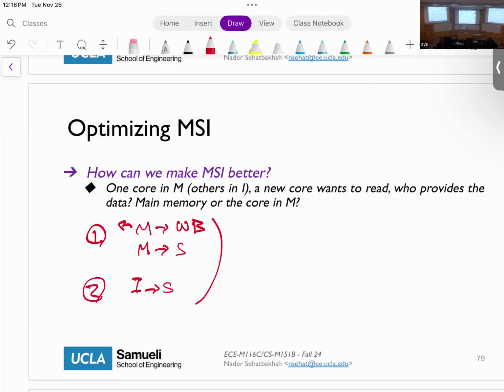Why would this be helpful? Because reading from memory is slow, but cache-to-cache transfer could potentially be very fast. Also, reading from memory creates new traffic, versus cache-to-cache transfer, which could be much faster and much simpler to do, okay? So if we can figure out how to do this cache-to-cache transfer, then we can improve our system, right? So how do we do that?